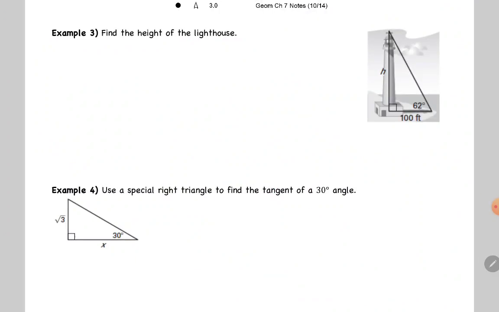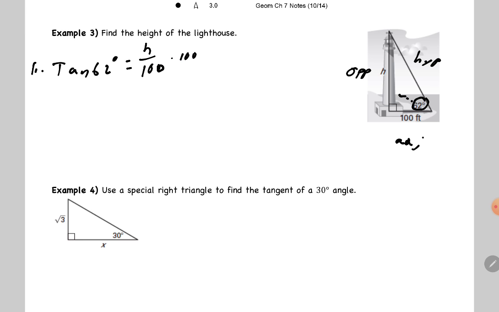Find the height of the lighthouse. Okay, so we have an angle here. So we're going to do tangent of 62 degrees equals opposite side. So here's my opposite side, here's my hypotenuse, here's my adjacent side. So tangent of 62 degrees equals opposite, which is h, over 100. To get h by itself, we just multiply both sides by 100.